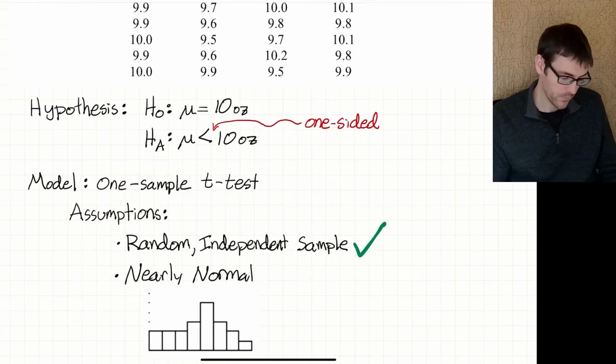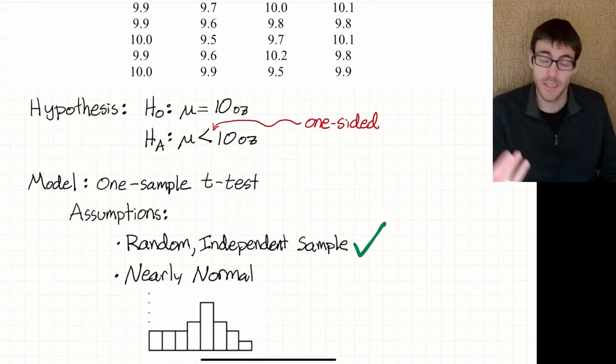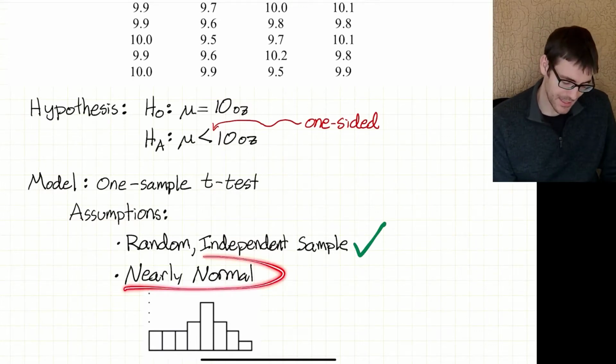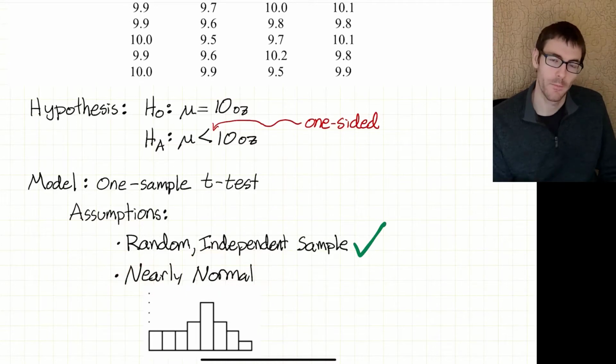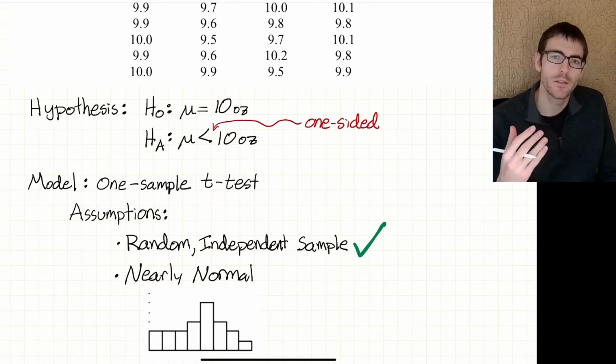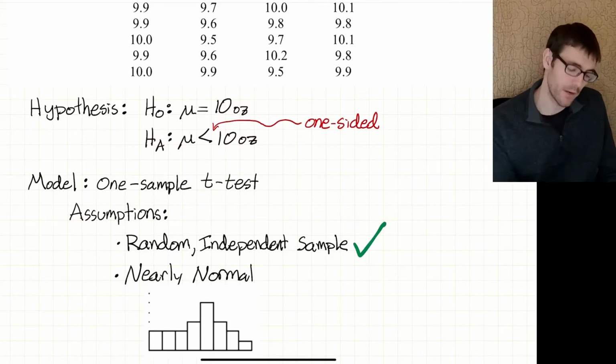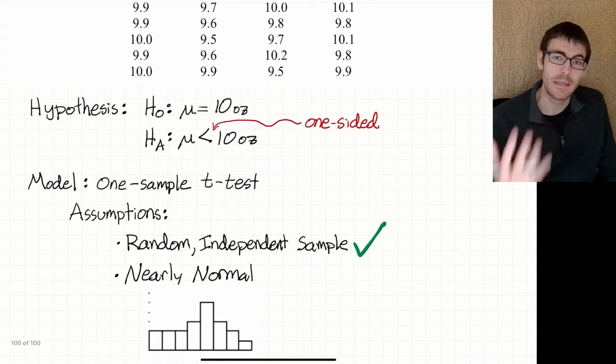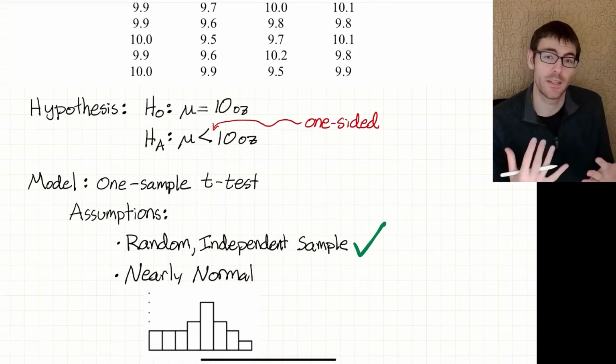but we have these other considerations. Okay, so the other condition that we want to check for this one sample t-test is the nearly normal condition. Just as a reminder, we're using a t-test because when working with a quantitative variable, we're typically going to need some measurement of the standard deviation.